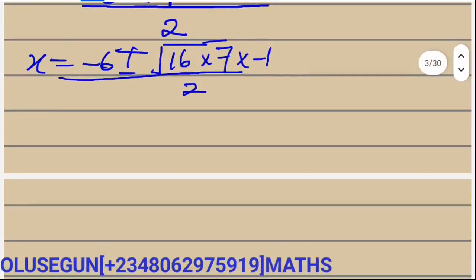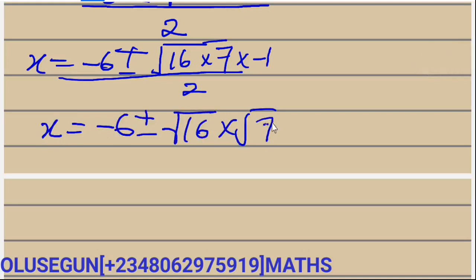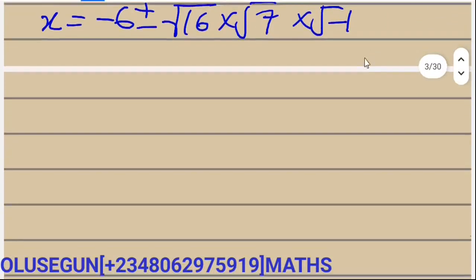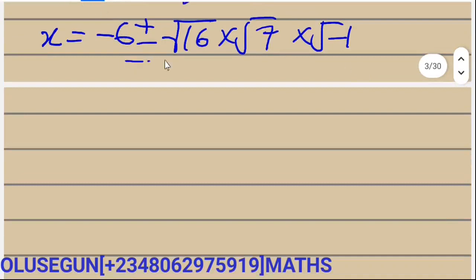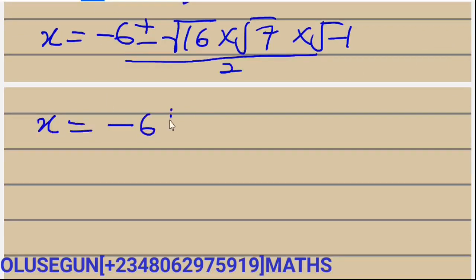We have x is equal to minus 6 plus or minus root 16 times root 7 times root minus 1. And recall that root minus 1 is equal to i. So x is equal to minus 6 plus or minus 4 root 7 i over 2.